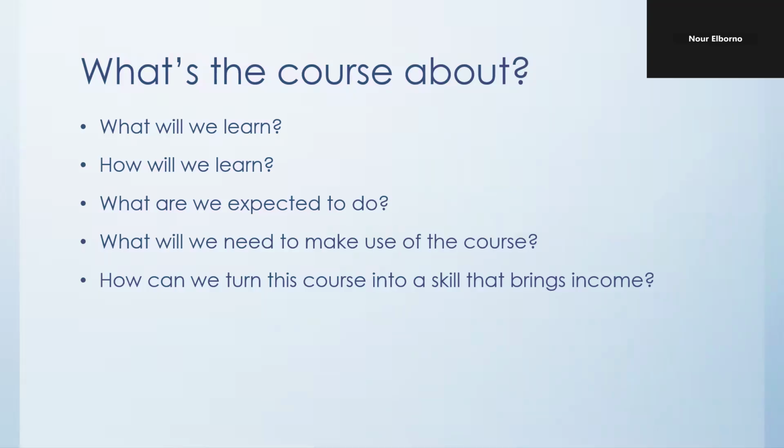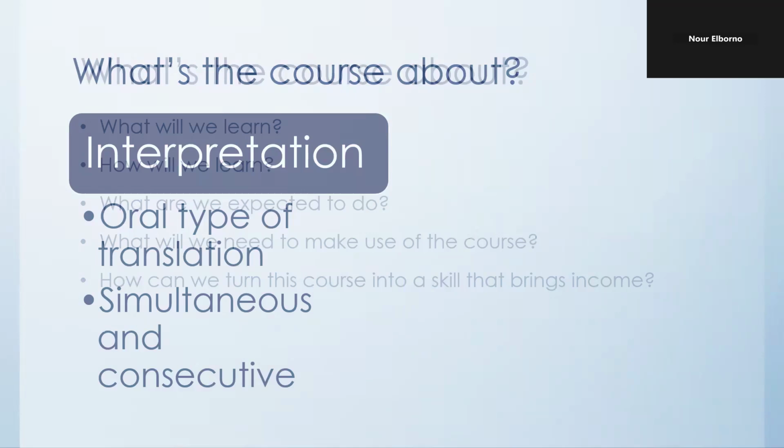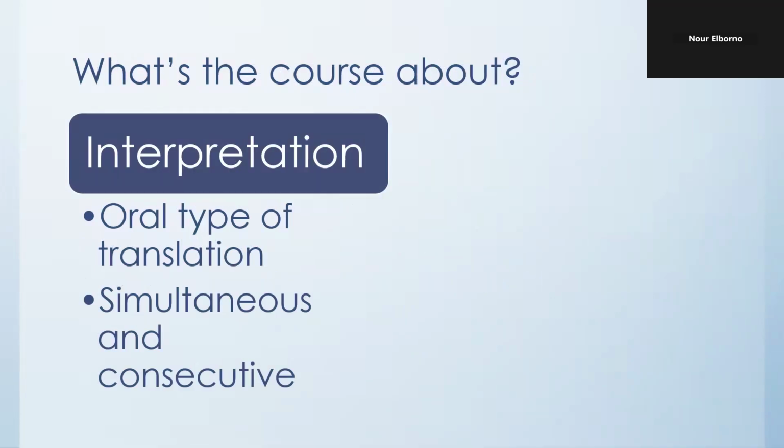We're going to discuss what we'll learn, how we'll learn it, and what you're expected to do, how to make use of the course, and how to turn this course into a skill that brings income. The course is called interpretation, and interpretation is the other side of translation.